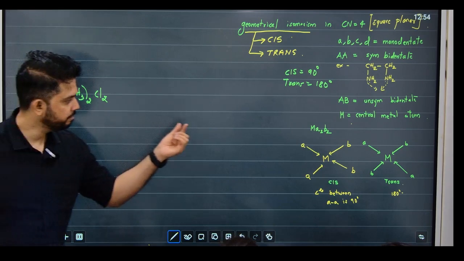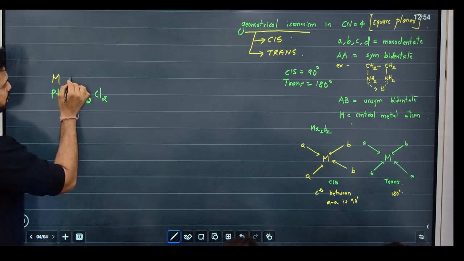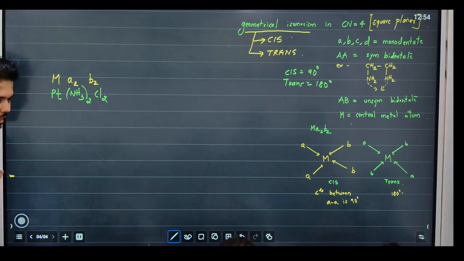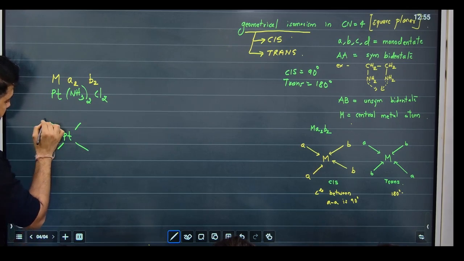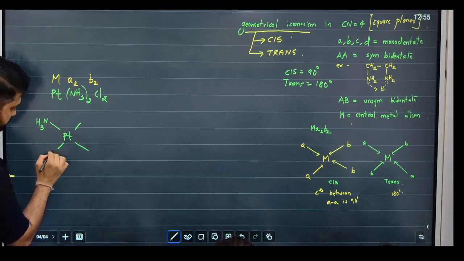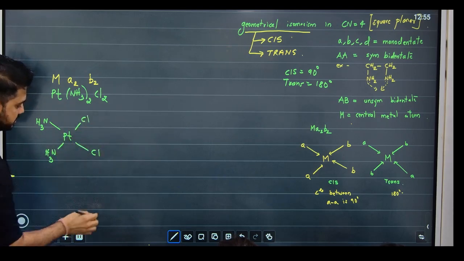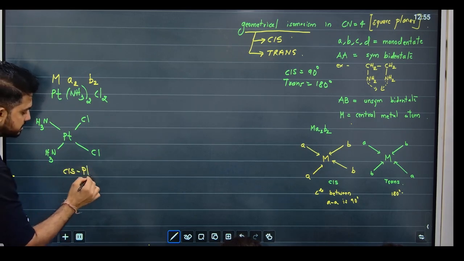Pt is M. This is your A2 and this is your, can you draw the structure? चलो. Can someone tell me how will the cis form look like? NH3, NH3, Cl and Cl. This is cis form. इसका नाम है cisplatin.